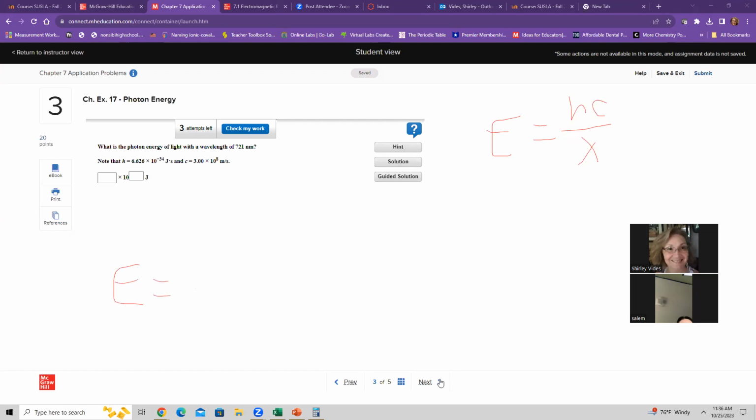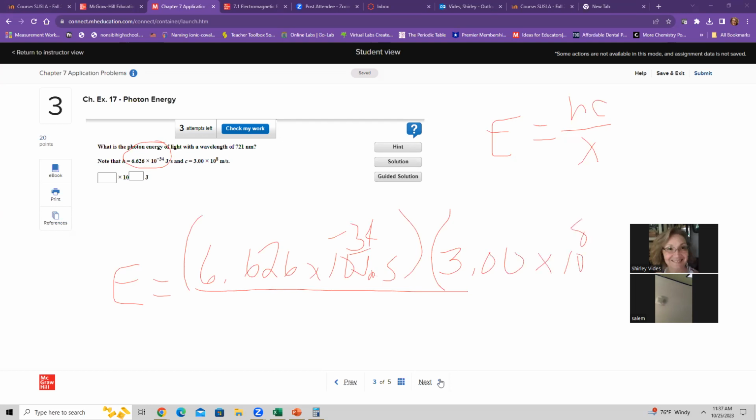E is equal to Planck's constant, which is right here: 6.626 times 10 to the negative 34 joules times second, and I'm going to put it in parentheses, times 3.00 times 10 to the 8th meters per second, divided by 721 times 10 to the negative 9th meters. Sorry, we're going to meters, so it's meters.